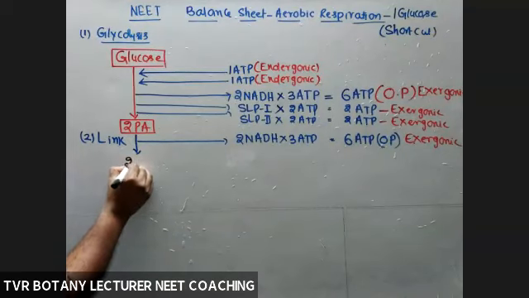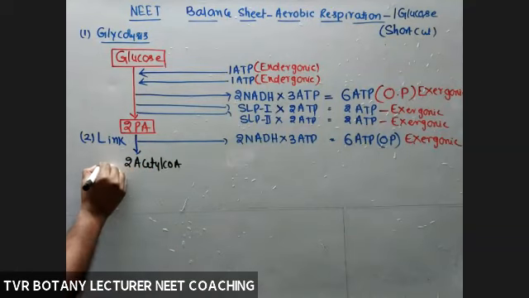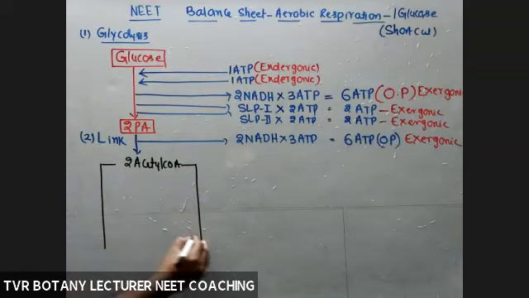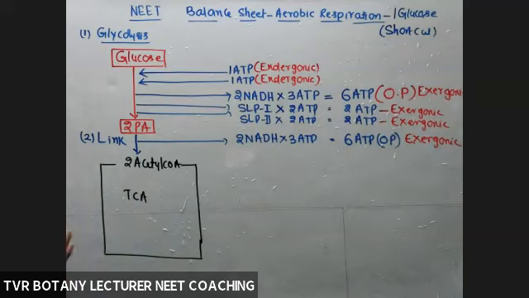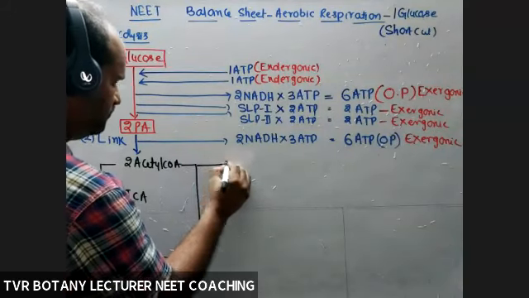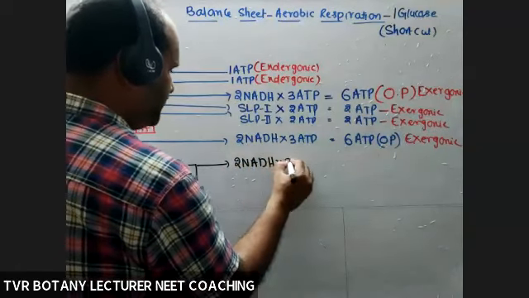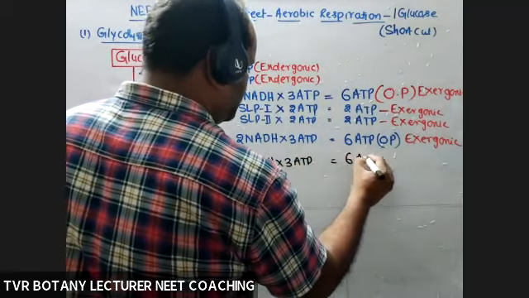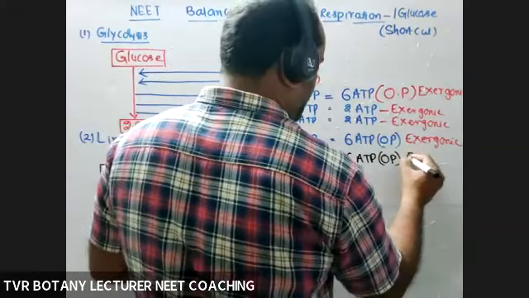So 2 molecules of acetyl coenzyme A, 2 turns of TCA cycle. Now one by one, 2 molecules of NADH into 3 molecules of ATP each, 6 molecules of ATP by means of OP, oxidative phosphorylation, exergonic.